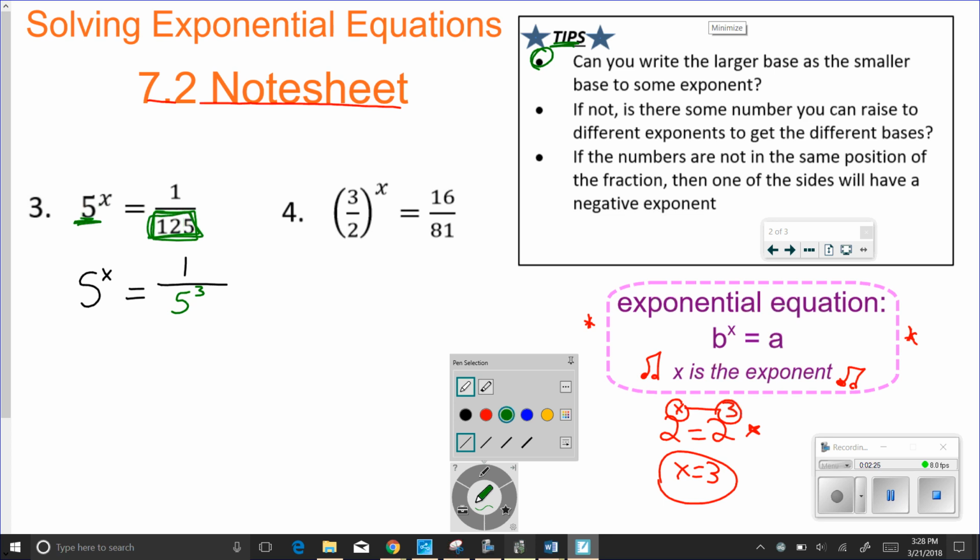Now, in order to use this property that I talked about, our bases need to be in the same location. We had 2 equaling 2. Over here in this example, we have 5 on the left, it's not a fraction, so it's kind of like it's over 1. And over here, 5 is in the denominator.